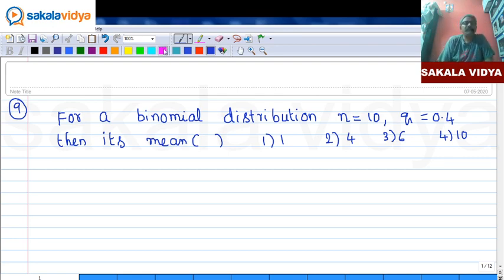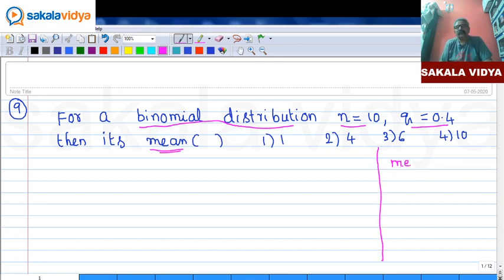See, for a binomial distribution n is equal to 10, q is equal to 0.4, then mean you need to find out. So, that means actually here we have mean, formula mu equals np, but n is known, but q is given.